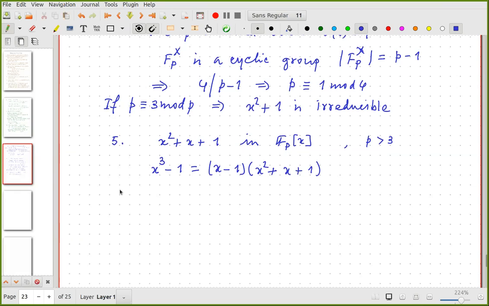Maybe I should have written it the other way around. So suppose, let's write a full argument, that this is reducible in Fp[x].